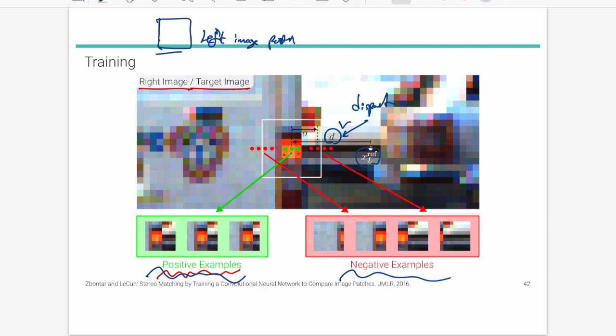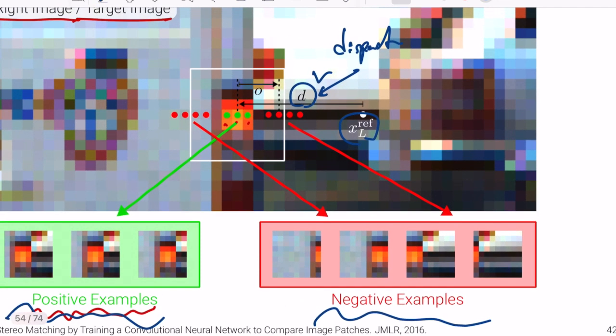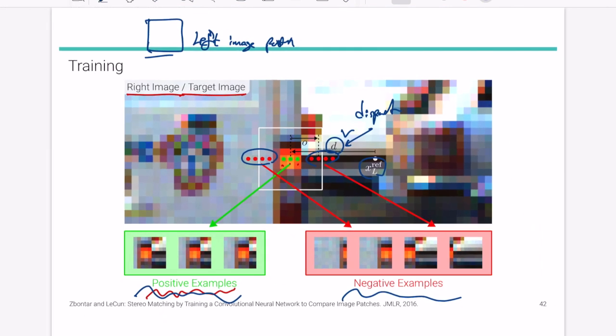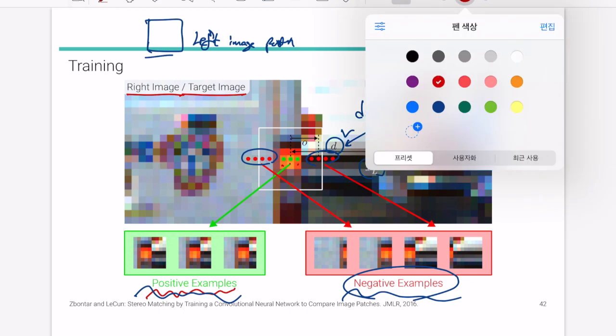And this is the positive sample, and for the negative sample, we consider the nearby pixel, which is defined like this.